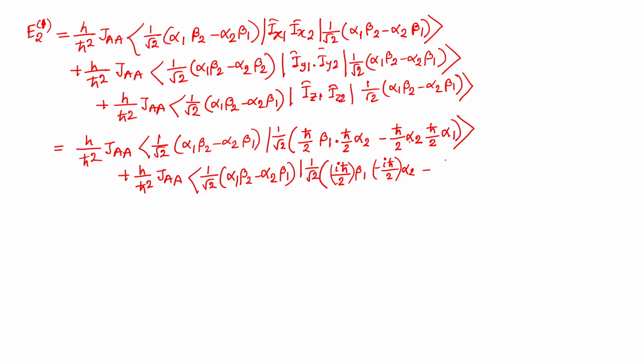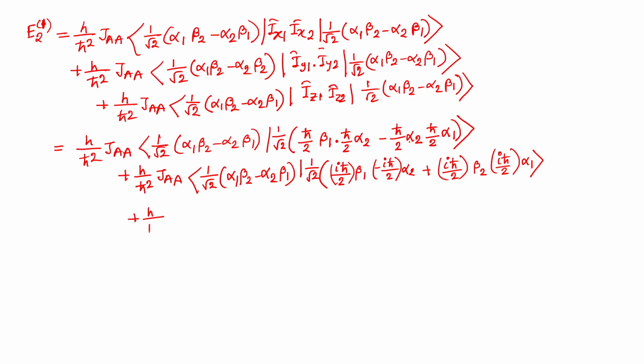Similarly, the next one would be alpha 2 would be iħ by 2 beta 2, and minus iħ by 2 alpha 1. What I have done, that minus iħ by 2 I have just multiplied here, minus minus plus.